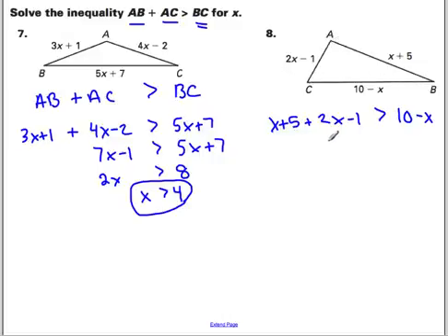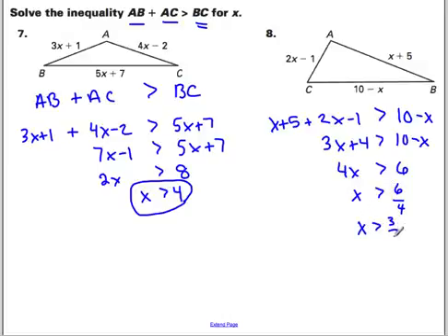We'll combine terms: 3x plus 4 has to be greater than, again, 10 minus x. I'll get all my x's to one side, so that'd be 4x. I'll move the 4 over by subtraction, and so that'd be 6. When I divide both sides by 4, I'd have 6/4, or probably a better way to write this is 3/2, and a lot of you know that to be about 1.5.